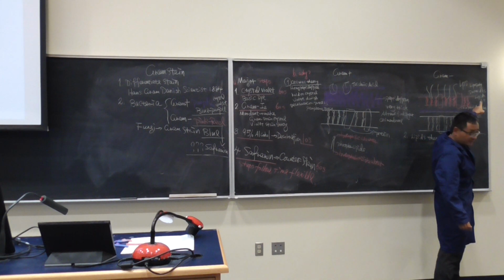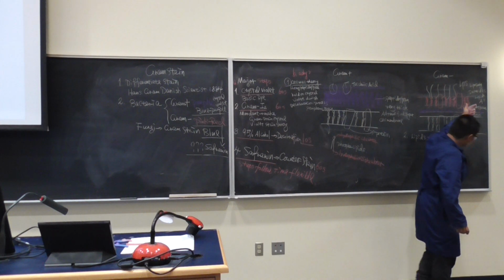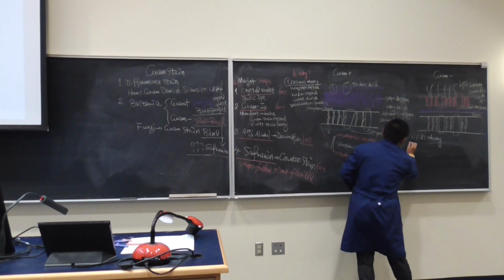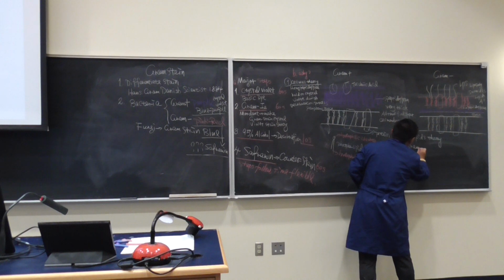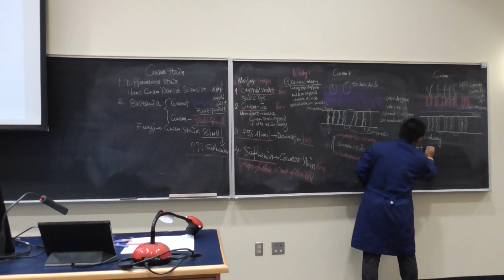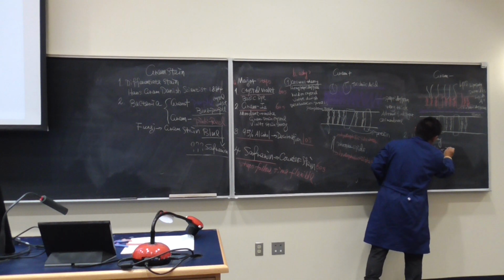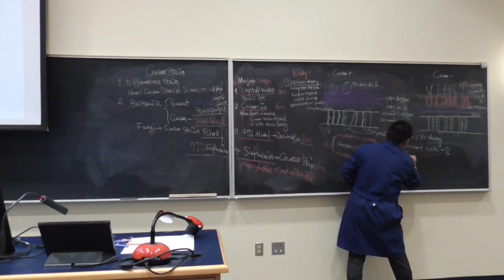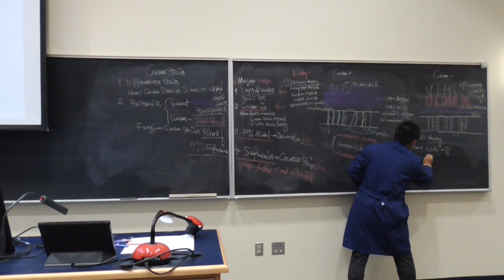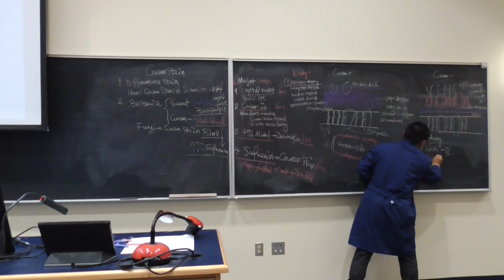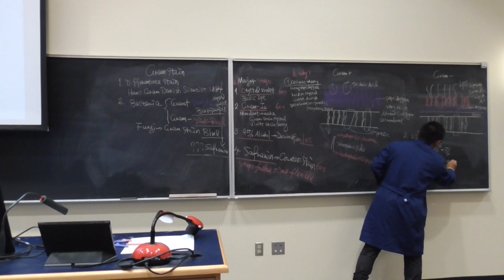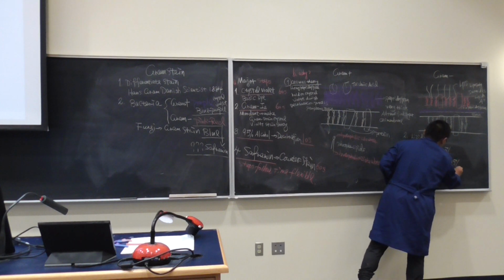The major component is lipid A. So what is going to make the difference? In gram-positive bacteria, the lipid amount is less than 5%. In gram-negative bacteria, the lipid amount is about 10 to 15%.